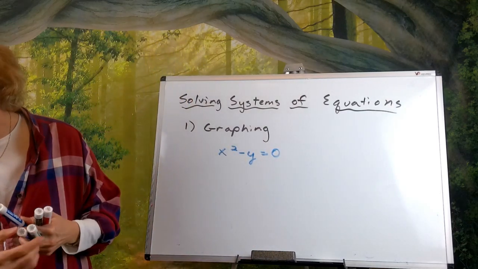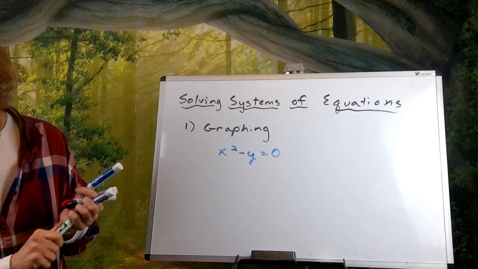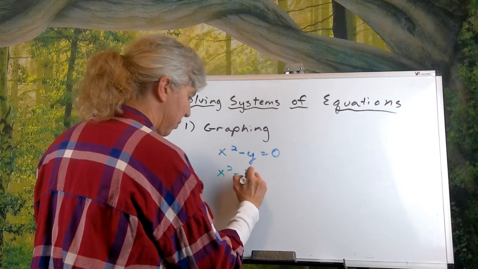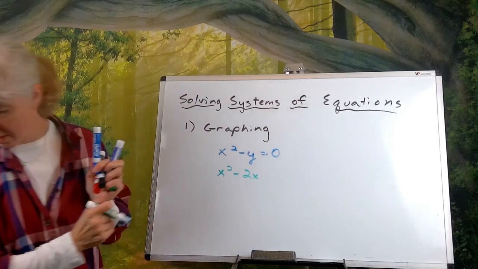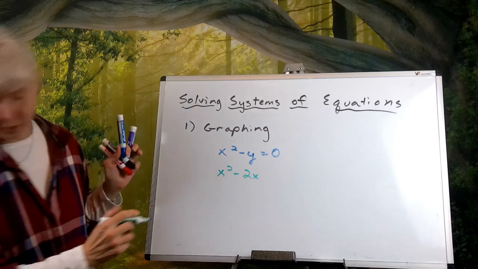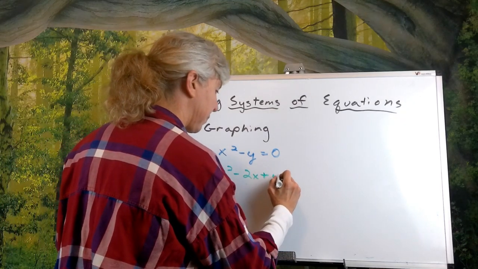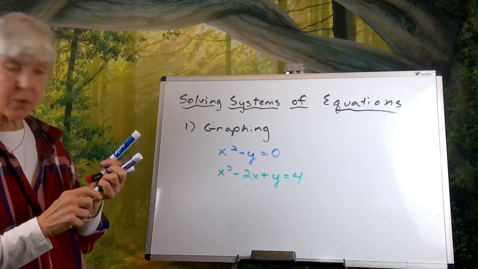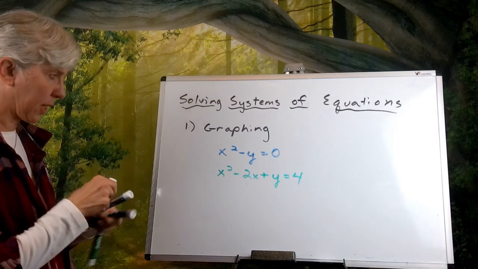And I'm going to use x squared minus 2x plus y equals 4. Okay. So we're going to have to graph both of those and look for our intersection points.